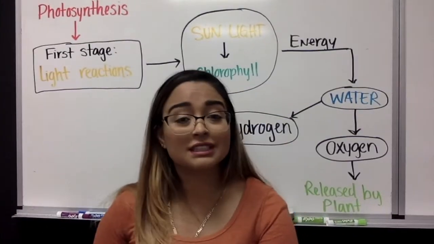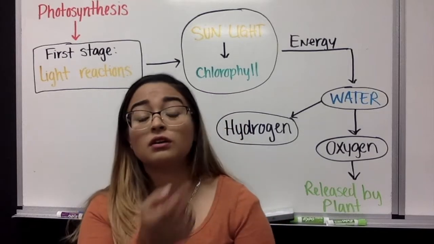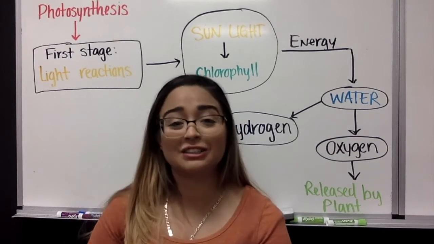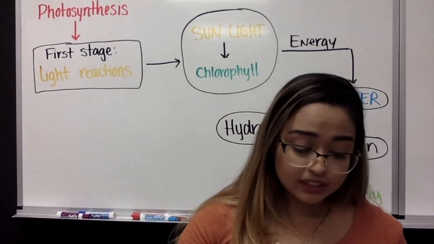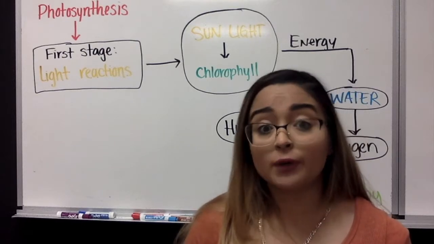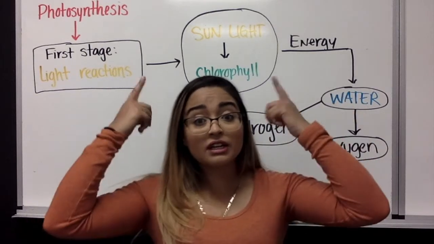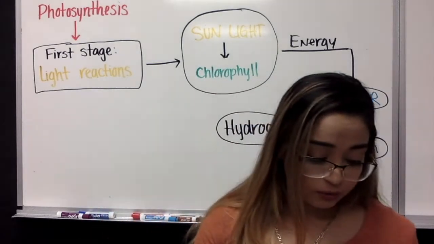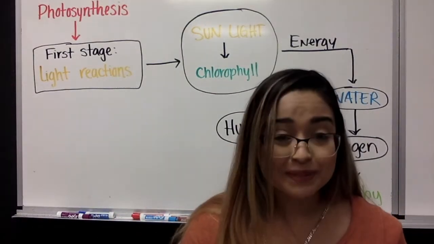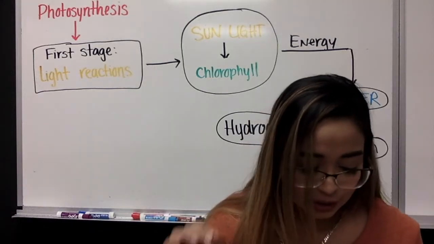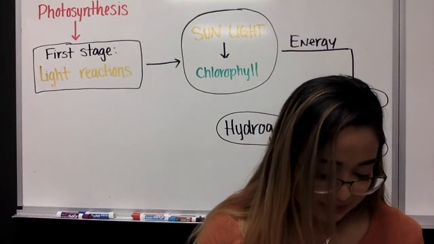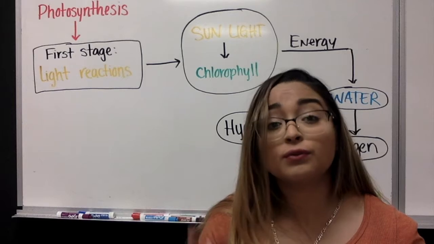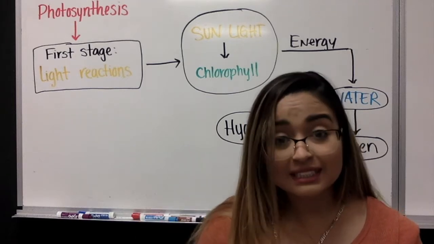Before we go into the second stage, chlorophyll, your second question has to do with that one. It was, what is the role of chlorophyll in photosynthesis? So here it is. Now, chlorophyll, let's review what it is. Chlorophyll is a green pigment contained in chloroplast, which traps light energy necessary for photosynthesis.